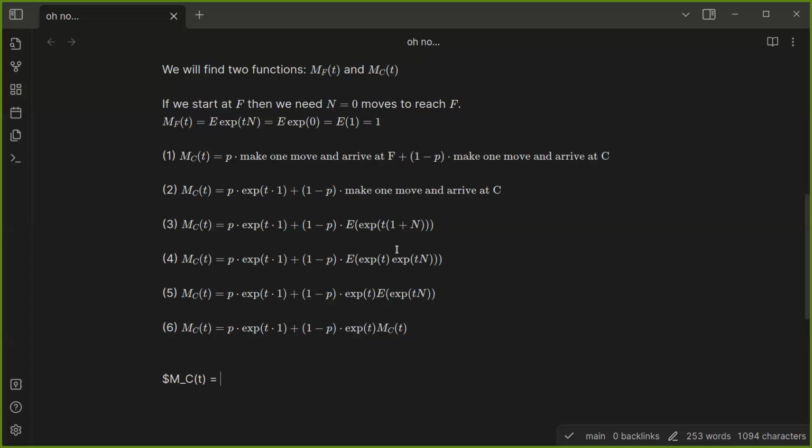Can you solve equation number 6 and find m of t, the function? M of c of t, or m of t. So what are these functions? That's simple algebra.